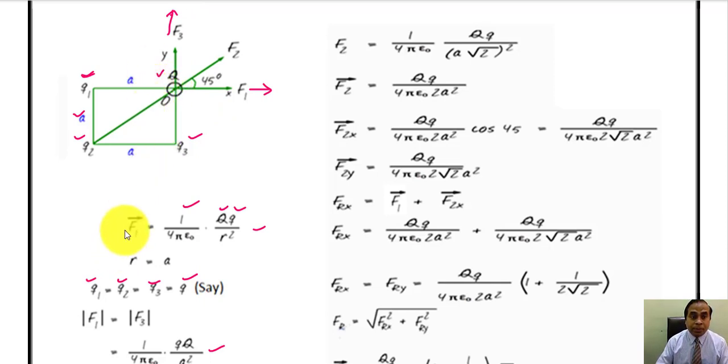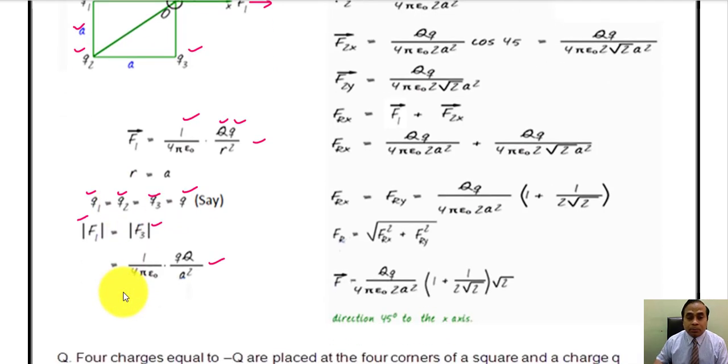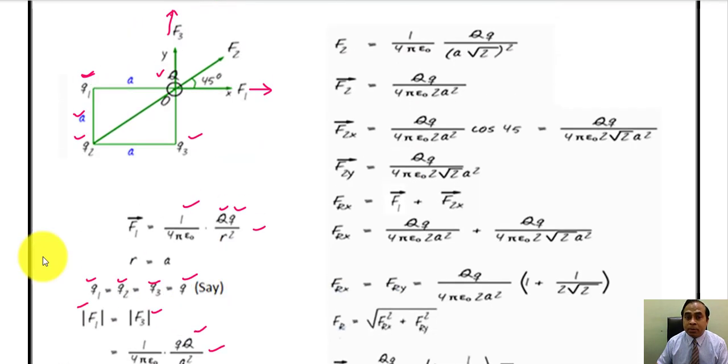Because the distance is same and the magnitude of charge is same, F1 is numerically equal to F3, and both are equal to qQ upon A square.